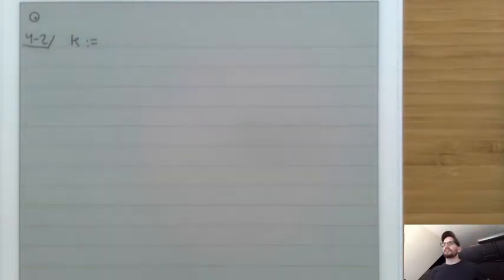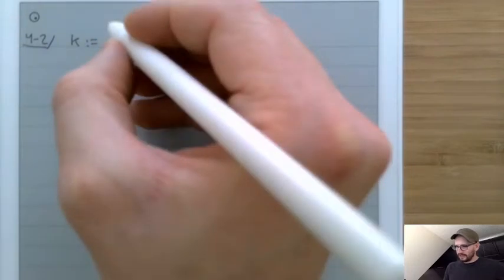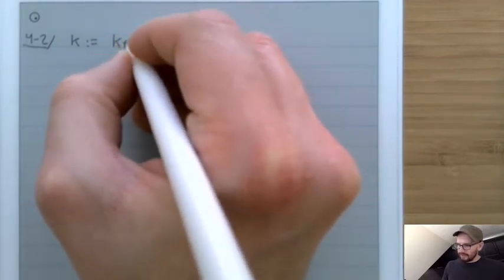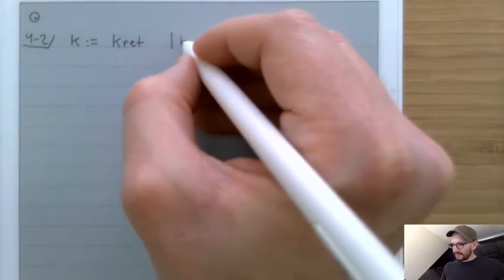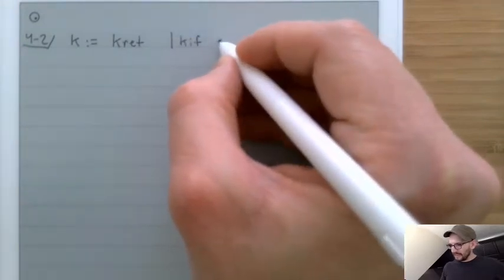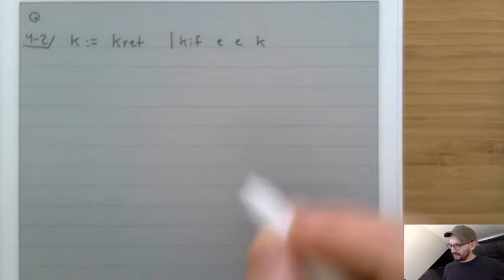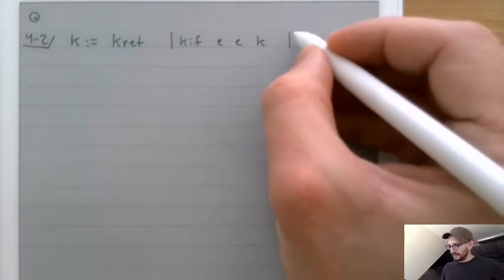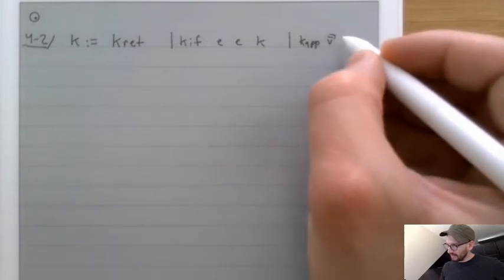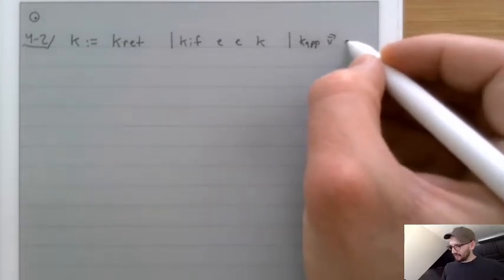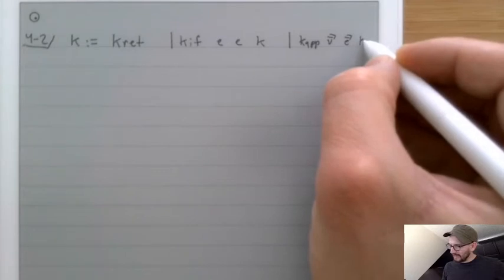And the K structure has 3 different versions. There's what we write as K-ret, which has no pieces. There's K-if, that has an E, and a K. Then there is K-app, which has a sequence of V's, it has a sequence of E's, and it has a K.